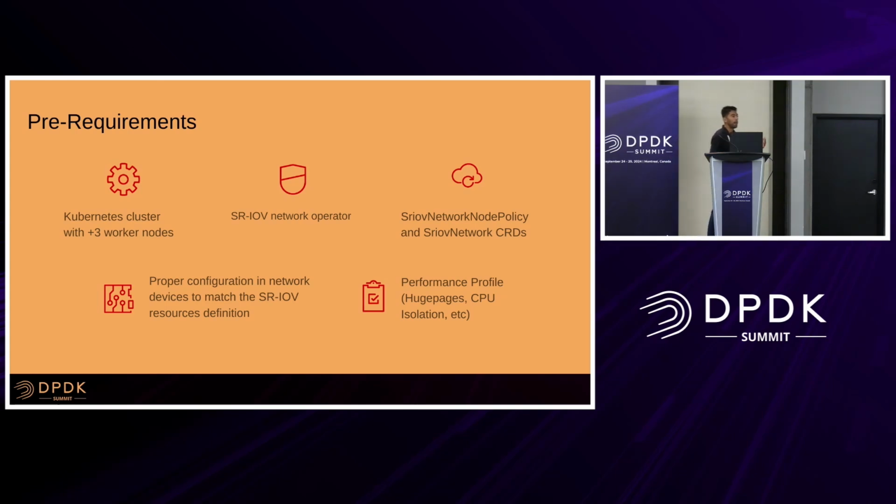But when we do a powered reboot or a draining, we want to make sure that there is a node available to take the load. We also use an operator called SR-IOV that will allow us to use the physical NICs and create the virtual functions, etc. And finally, we perform certain configurations for CPU isolation with a performance profile dedicated for these nodes.